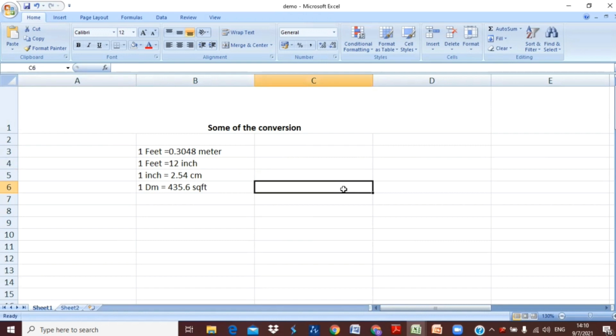In 1 inch there is 2.54 centimeter. At last, I have taken that 1 decimal is equal to 435.6 square feet. As you can see, we are converting from square feet to decimal in this video.